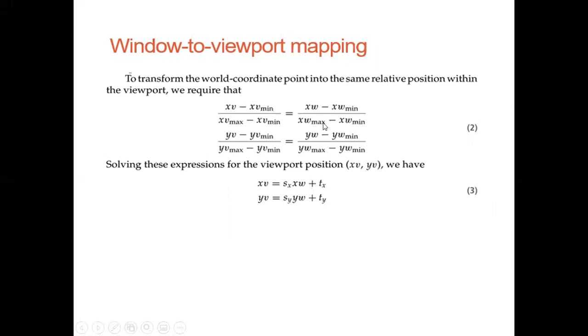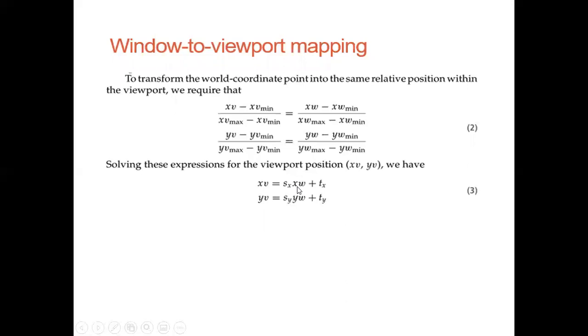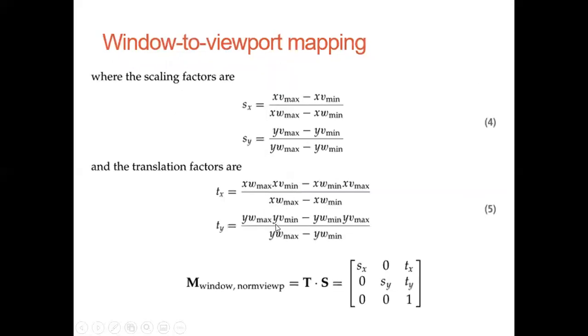By solving equation number 2: xv is equal to this entire thing multiplied by this, plus xv min. If you solve this equation, you get two parts. This entire part you replace by sx, and this part you replace with tx, so that finally we get our viewport equation.